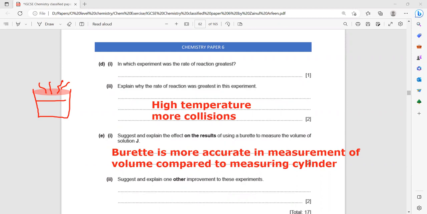Or, for example, if you are using a stop clock or a stopwatch, we can use a digital timer. As you can see, this one is an analog stop clock, so we can use any digital timer or digital thermometer.